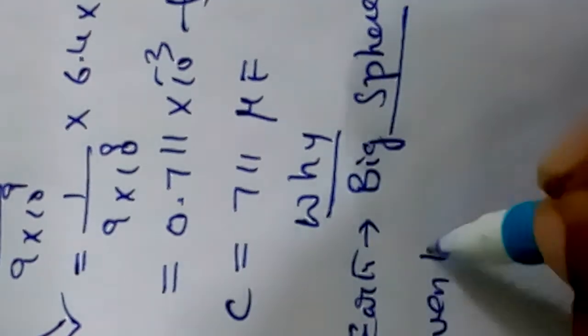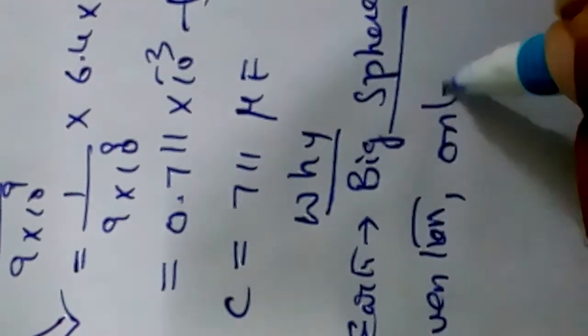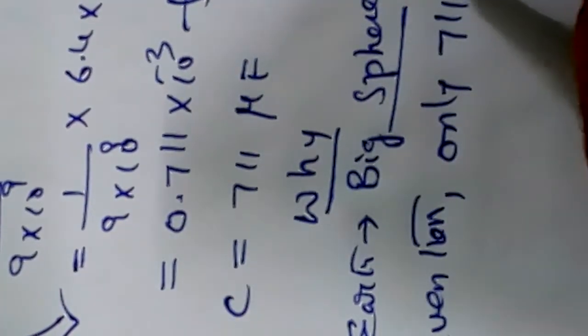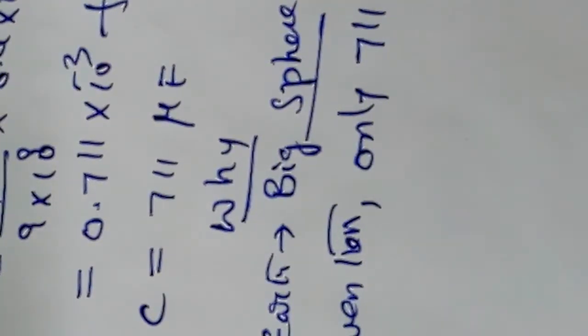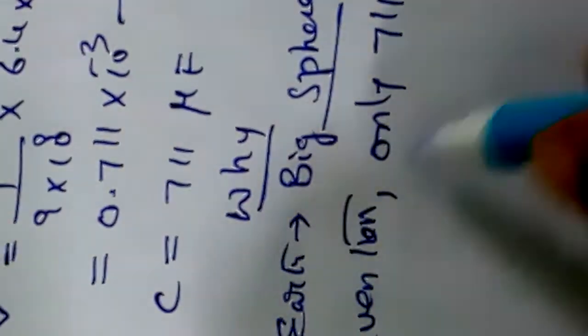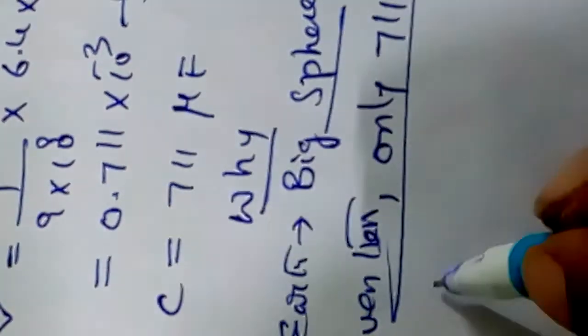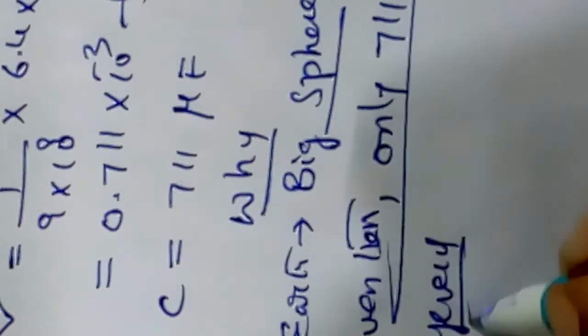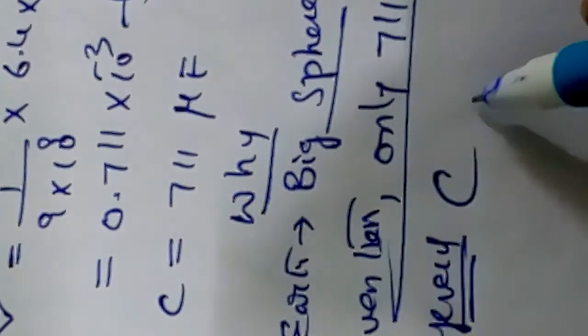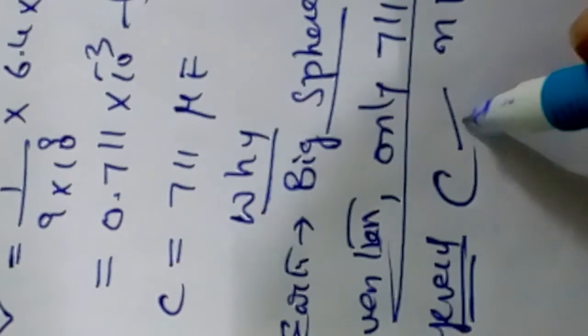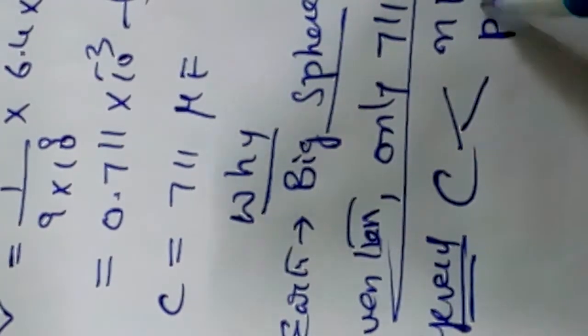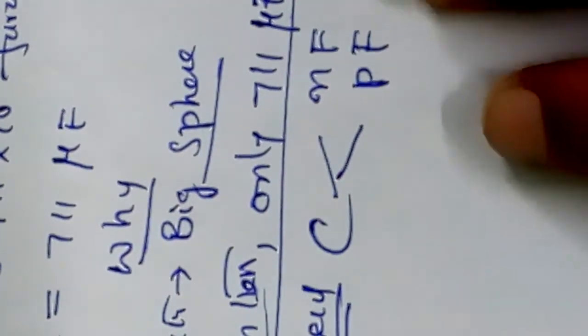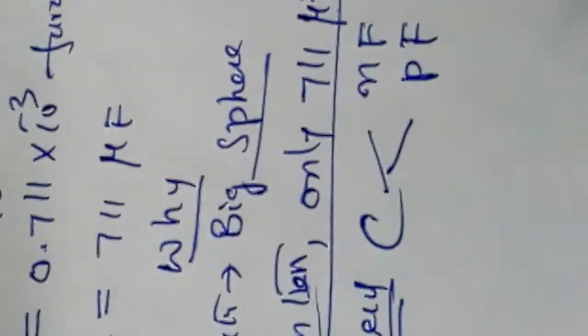Even then, only 711 microfarad is the capacitance. So capacitance is found to be low. In general, when you are measuring capacitance, you will get it in nanofarads or picofarads. If the capacity of the earth is like this, you can imagine the capacity of other condensers also.